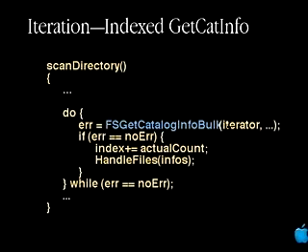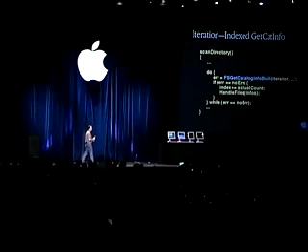Here's the replacement loop. Notice first, same kind of structure of code, right? A do while loop, same kind of call. You're asking for catalog info. One big difference is it's a bulk call. So you can ask for more than one file's information at a time. The number of files is up to you. It's actually a parameter for the FSGetCatalogInfoBulk.